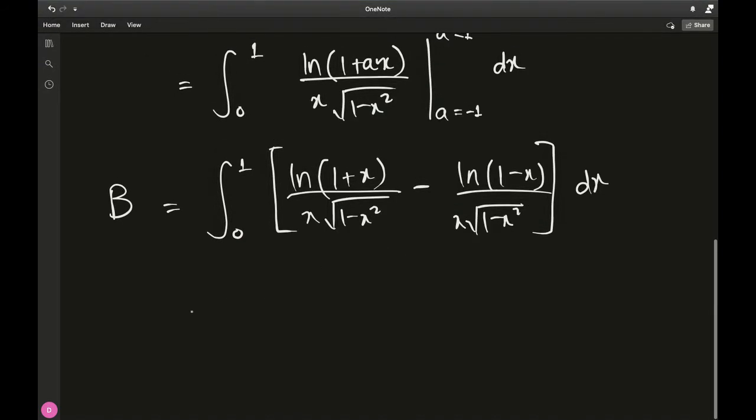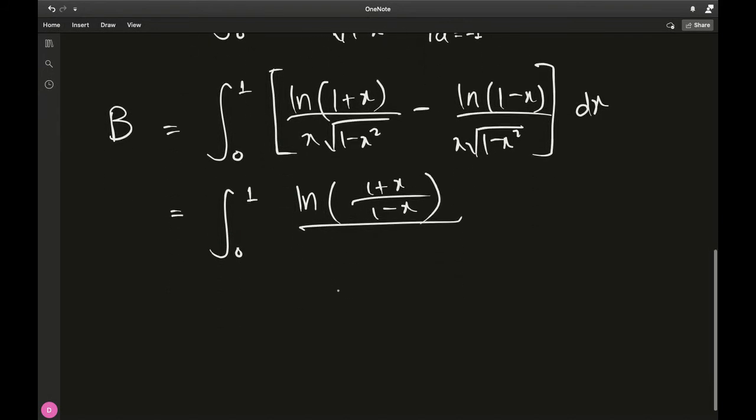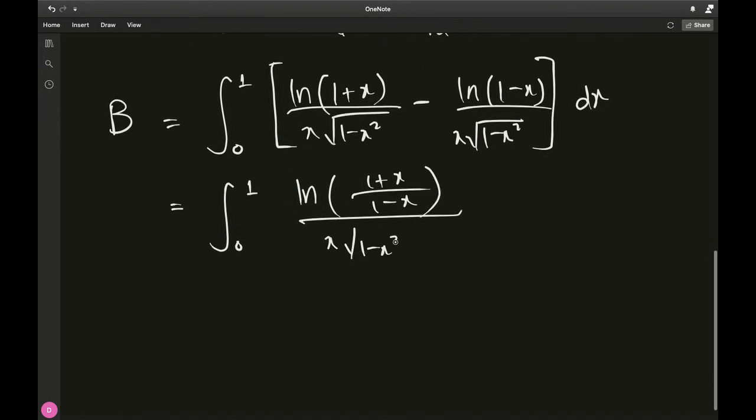Okay, so what we're going to do is use some log properties, club this up as natural log of 1 plus x over 1 minus x divided by x times square root of 1 minus x squared dx.